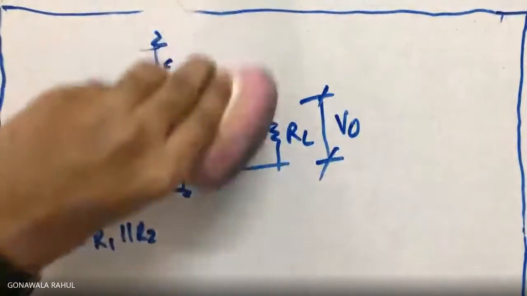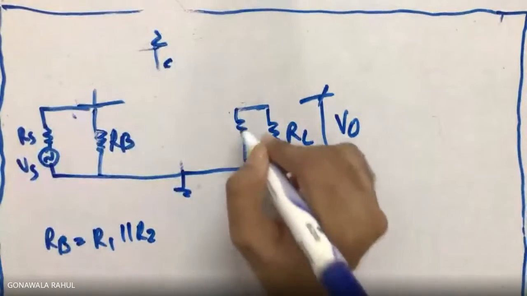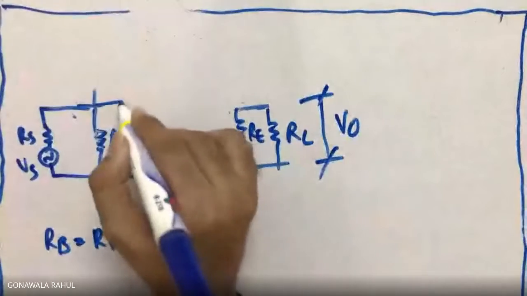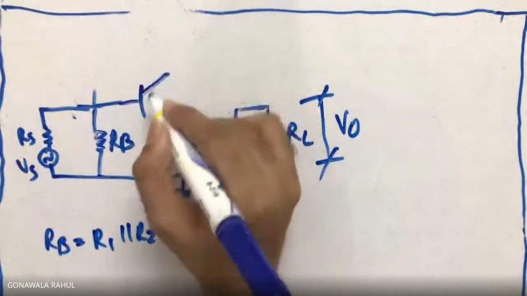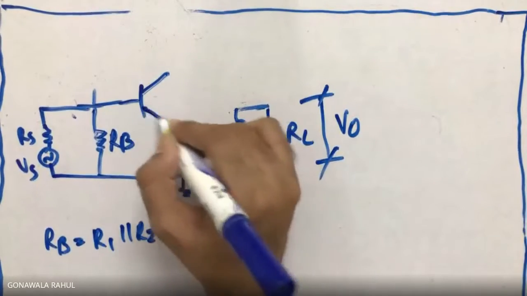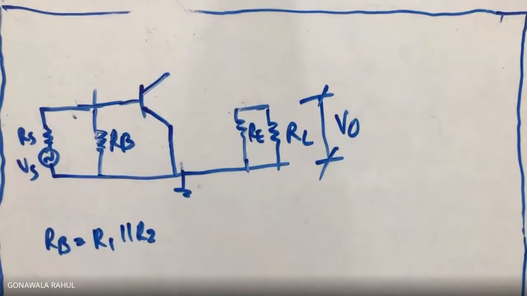We have RE and RL at the emitter terminal, and at the collector terminal we do not have anything, so the collector is directly grounded.